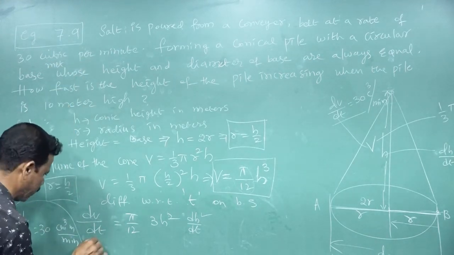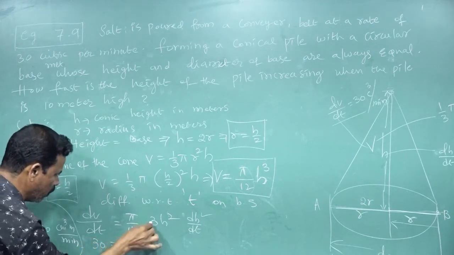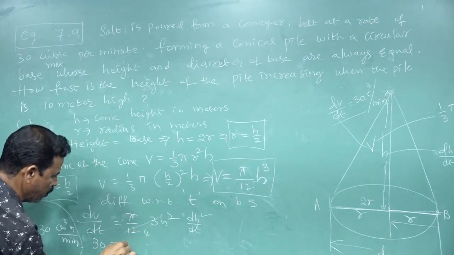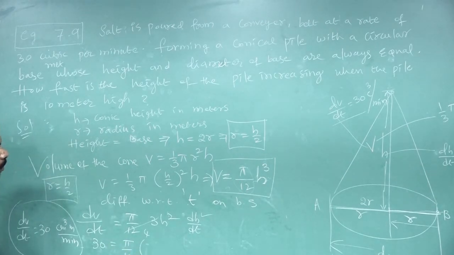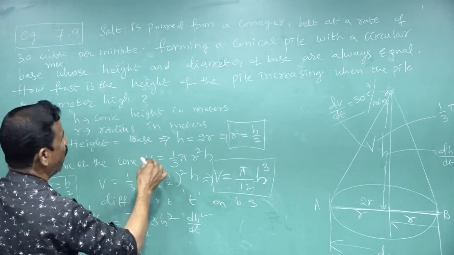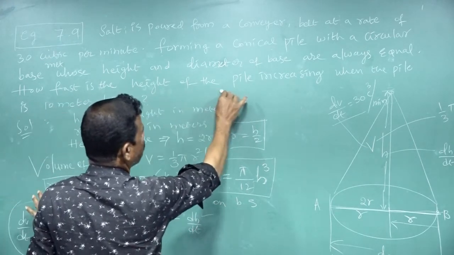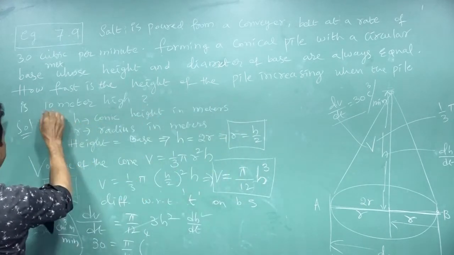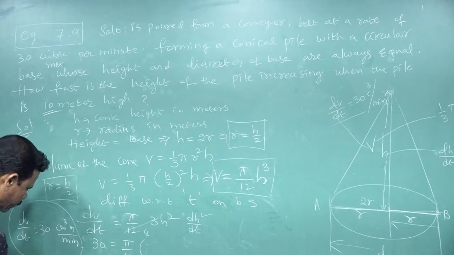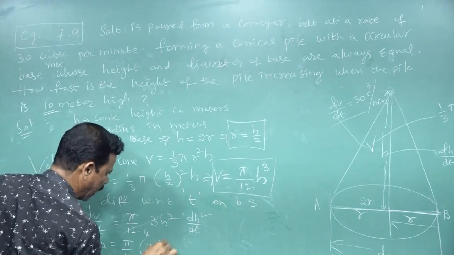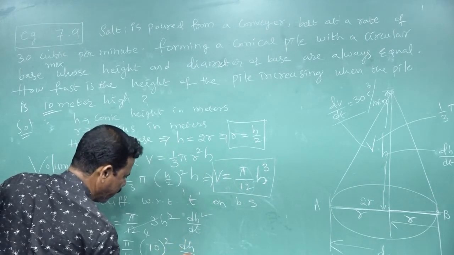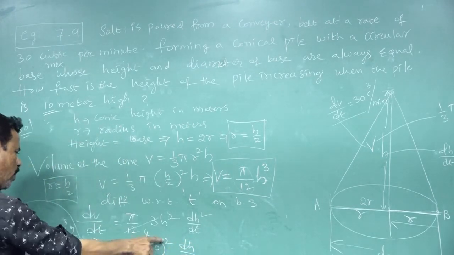We substitute here. 30 is equal to 4 times 5 by 4 h square dh by dt. What time is given? H is 10 meters. At h is equal to 10 meters, you substitute 10 square, so 10 square means 100.